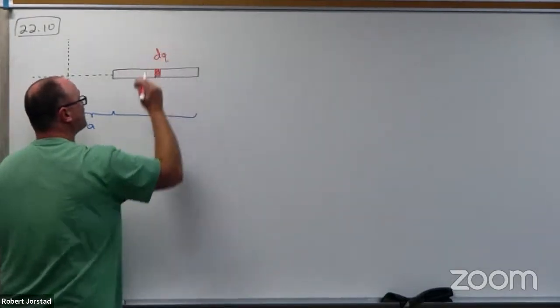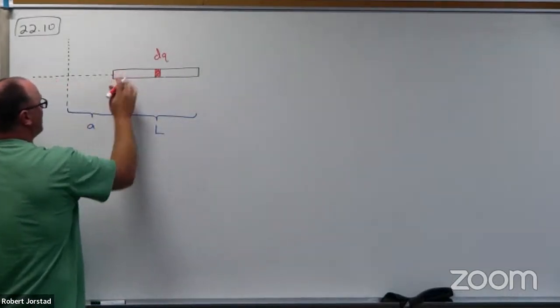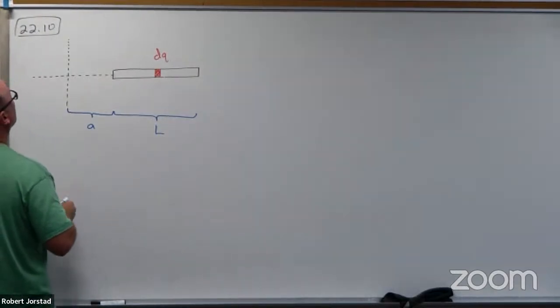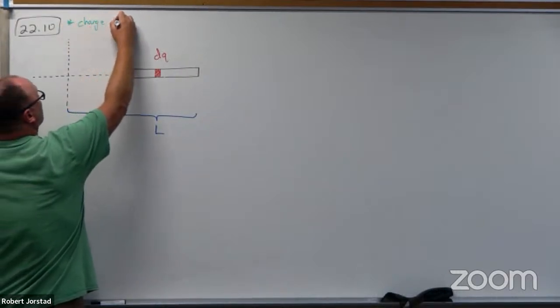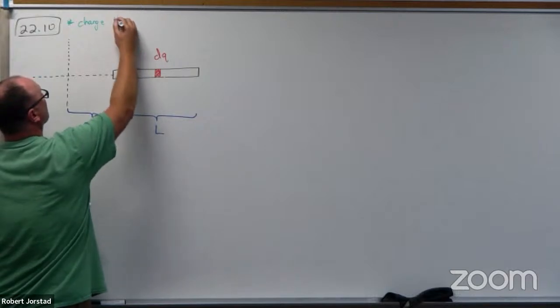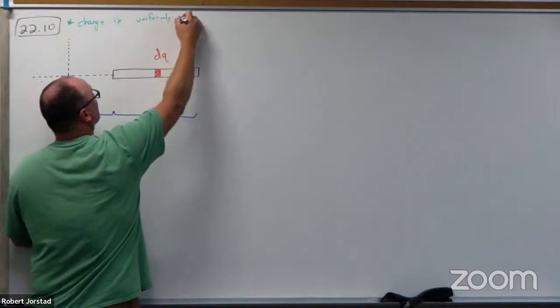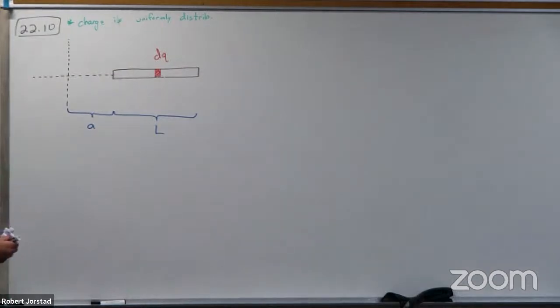I'm going to call this little bit of charge dq. Again, this rod has charge over the whole thing. And I believe in this first one, we're going to assume that the charge is uniformly distributed, spread out evenly. Well, since this is your first one, I'll just show you every step of the way here.